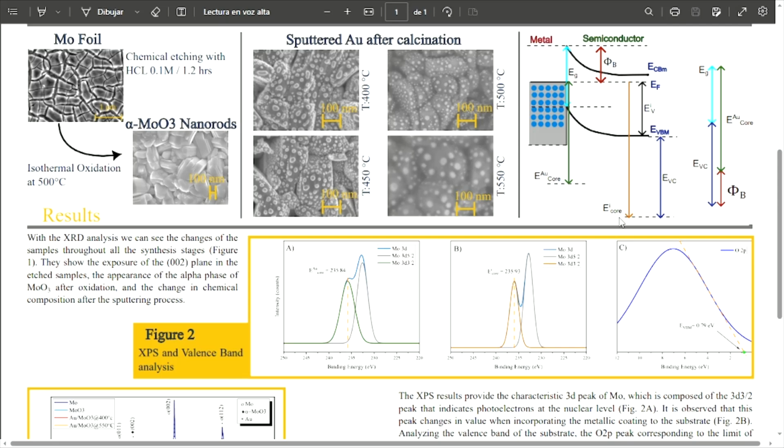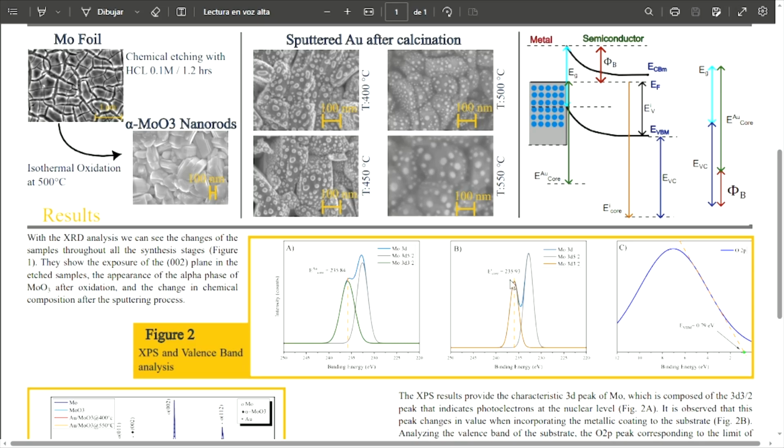Then the nuclear energy value is obtained from the molybdenum 3d doublet, because of the molybdenum 3d 3/2 peak. It is created by nuclear level photoelectrons. Measuring these peaks before and after the gold coating gives us the nuclear energy before and after the gold coating, which turns out to be 235.93 and 235.84 respectively.